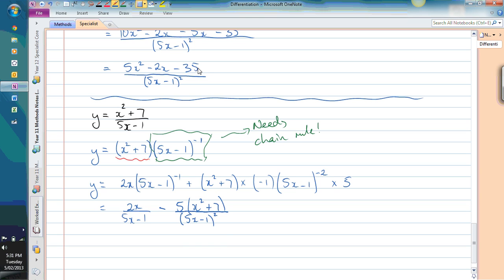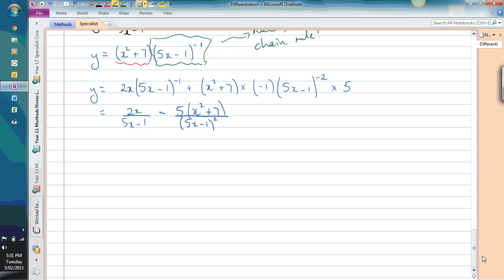Now, looking back up to what we had before, you can kind of see that this looks almost the same. We just need to do a little bit of tidying to make it look exactly right. What we need to do here is we've got two fractions, algebraic fractions. We need the same denominator. Both of them have a 5x minus 1 in them. This one has a 5x minus 1 all squared.